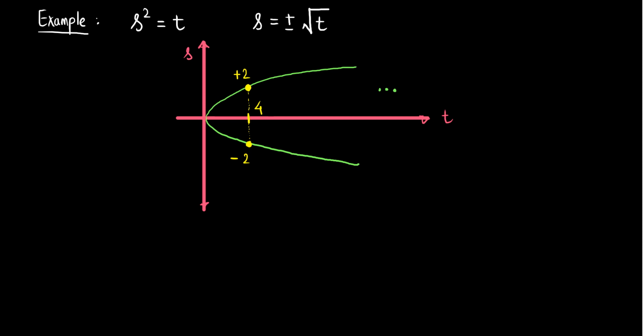Therefore, this equation is not a function, or it's not a signal. Why is it not a function? Because here one value is getting mapped to multiple values. So there is an ambiguity here. This is not allowed.